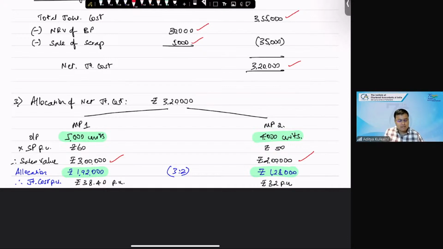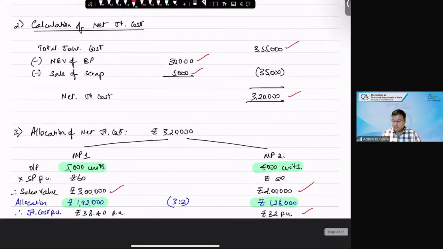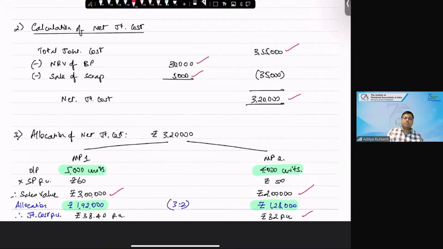Are we okay with this? If you are writing, I will wait. Otherwise, any case, I'm going to share this manual working sheet with all of you. All right. So 38.4 per unit for MP1, 32 per unit for MP2. All clear? So this is your allocation of joint cost.